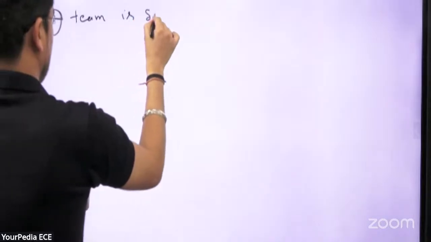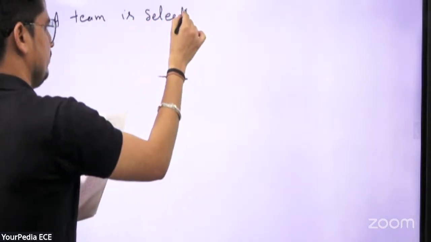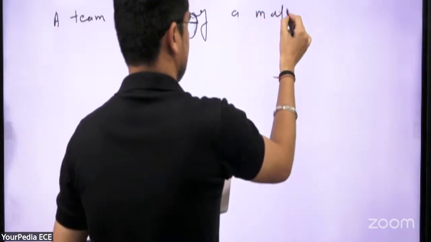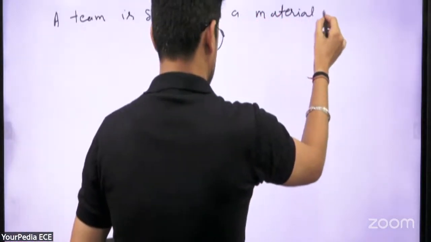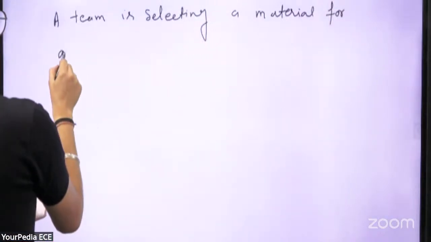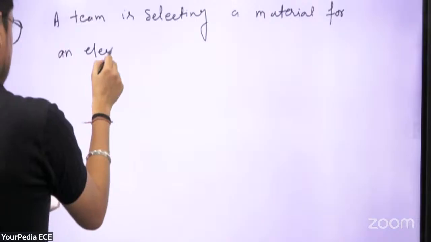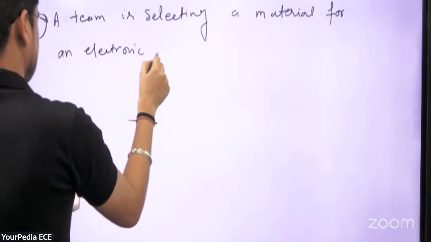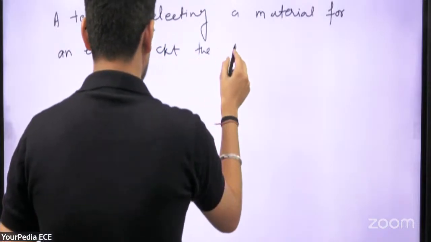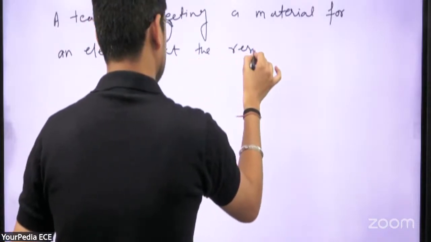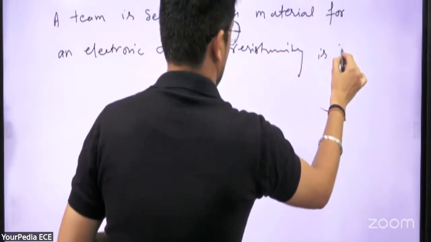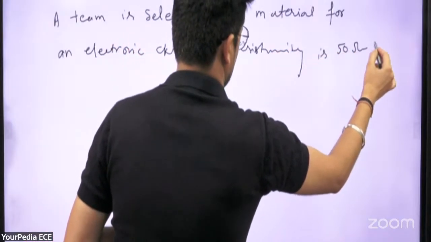The next question is: a team is selecting a material for an electronic circuit. The resistivity is 50 ohm centimeter.